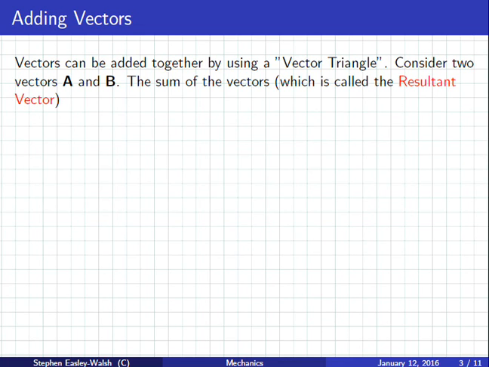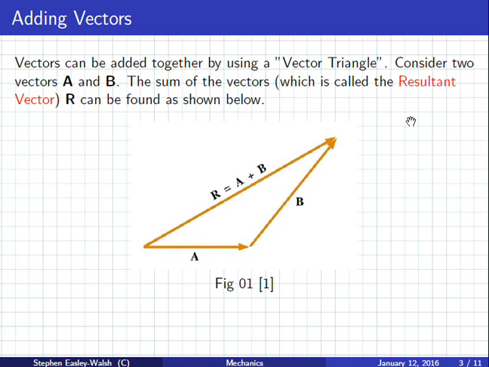The answer is called the resultant vector. We'll call it OR. You can find it from the diagram below.